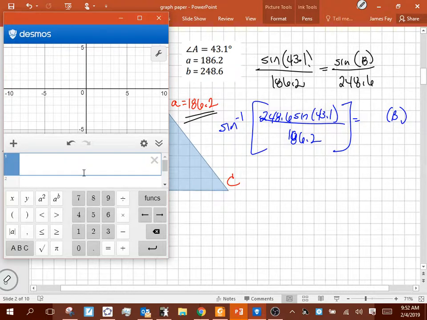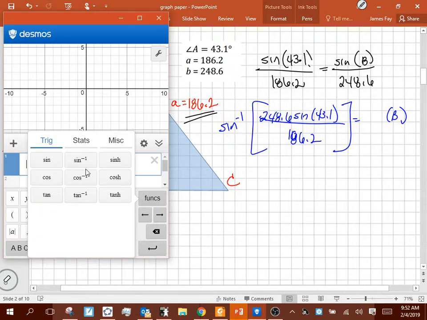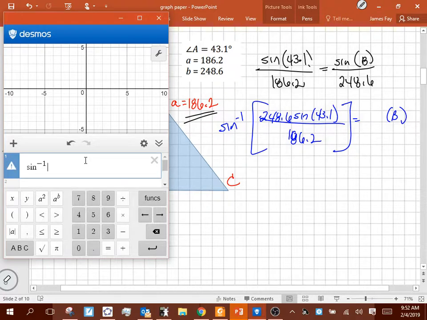Something I haven't mentioned to you. If I'm going to use it, I don't like coming down here and hitting the function key and then finding sine inverse. Does anybody know the old world way of saying sine inverse? Arcsine. ARCSIN. Okay? Does the exact same thing. I go 248.6 times sine of 43.1.